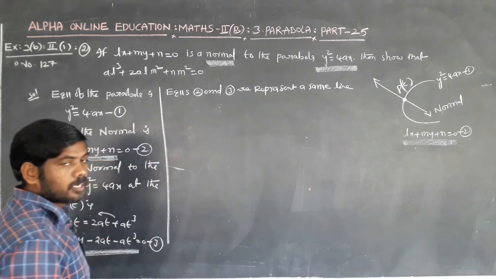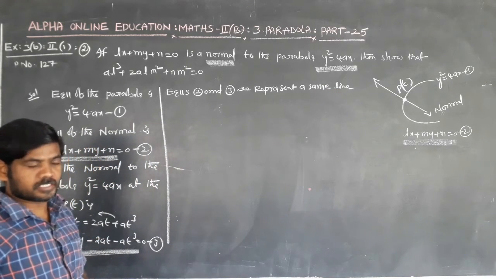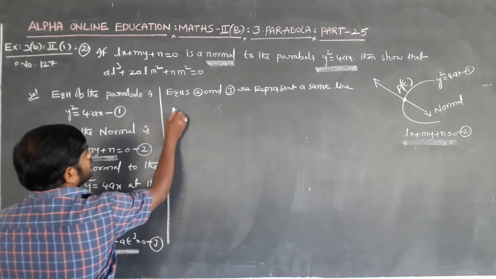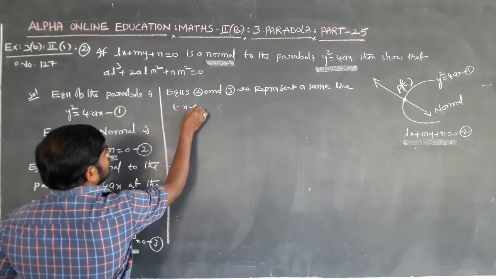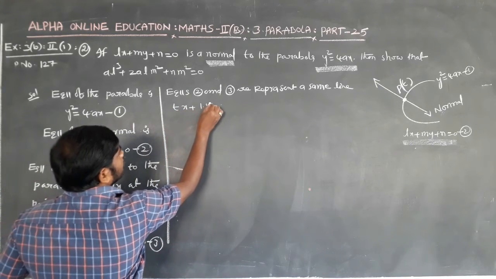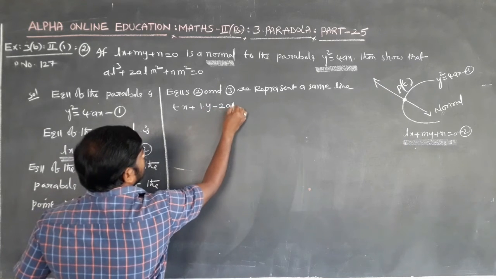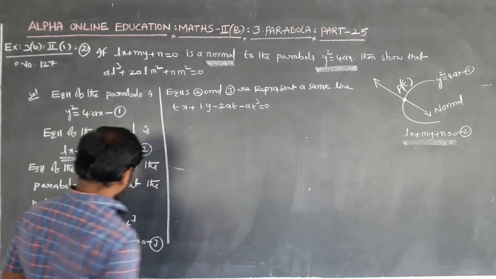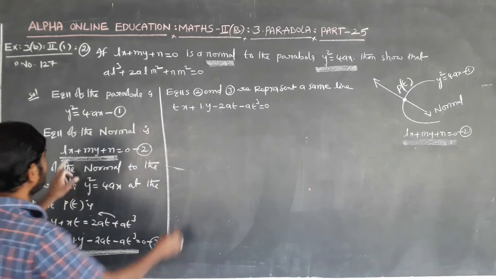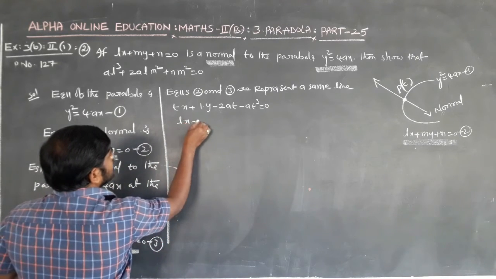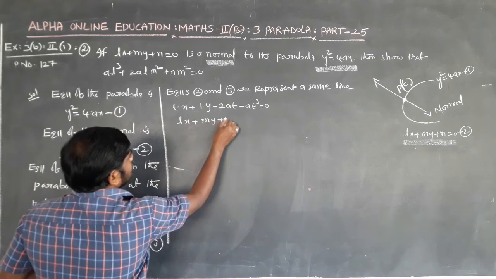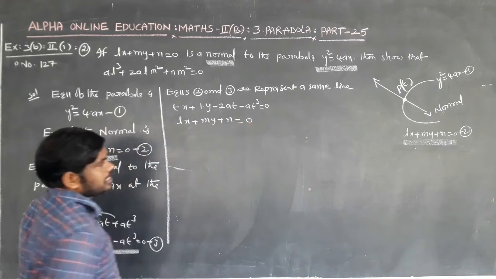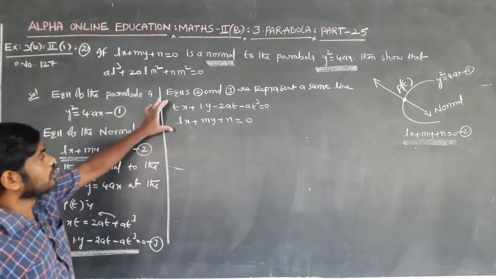So comparing coefficients. The third one is tx + 1y - 2at - at³ = 0. The second one is lx + my + n = 0.